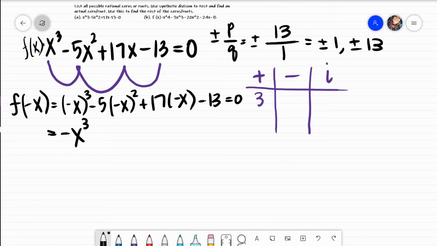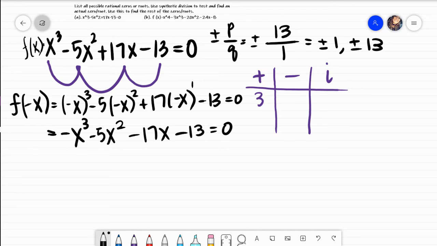And you keep your exponent. And then if I look at my negative x squared, I know that if I have a negative variable being raised to an even power, I will always get a positive variable. So that would actually be a negative x, and then that changed to a positive x squared. And then, y'all, that's being raised to an odd power. And I know for a fact that negative variables raised to an odd power will always give me a negative variable. So I get a negative 17x, negative 13 equals 0.